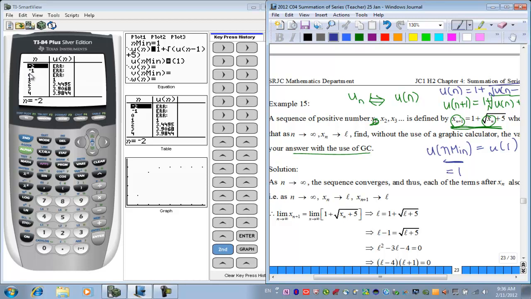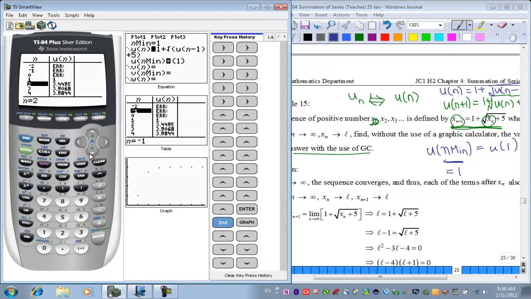So for values of n that are less than 1, I cannot calculate un. However, starting from u1, I can see that u1 equals 1, which is what is given in the question. Now, for subsequent values, what do you observe? As n increases, my value tends to 4.